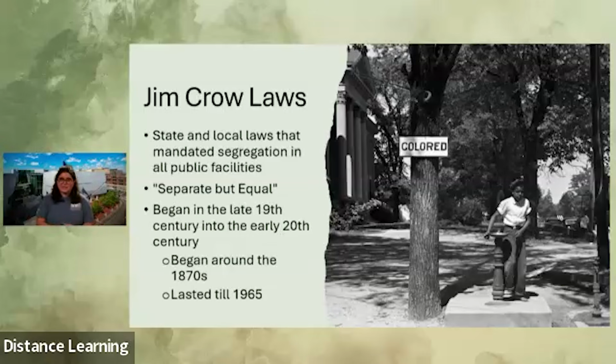Being here at the National WWII Museum in Louisiana, Louisiana was a state that was heavily affected by segregation. There was segregation in all public facilities, beginning in the late 19th century into the early 20th century, roughly the 1870s, lasting until 1965.